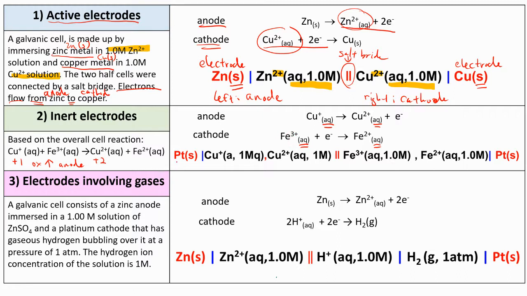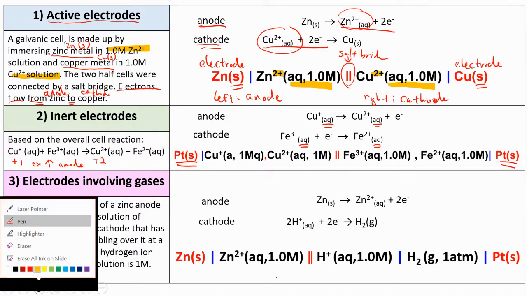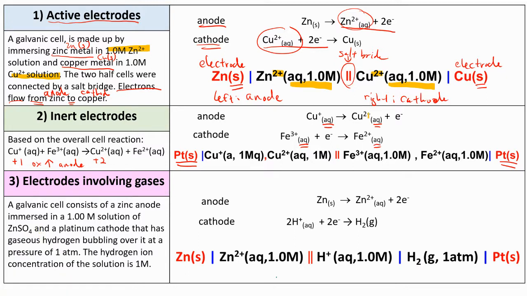The best one I would suggest is to use platinum, which is an inert electrode. And I also want to highlight, remember, because all the ions are aqueous, you have two things in the same phase here, so you have to write a comma instead of the stroke.